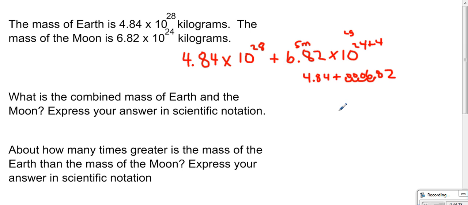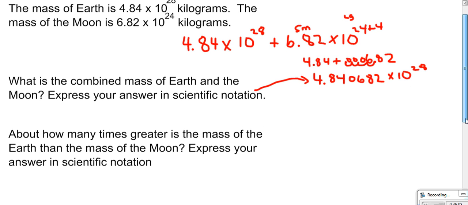Alright, so it's 4.84 plus 0.000682. So I have 4.84682 times 10 to the 28th. Man, this is annoying. And that's the answer for this one. That's the combined.